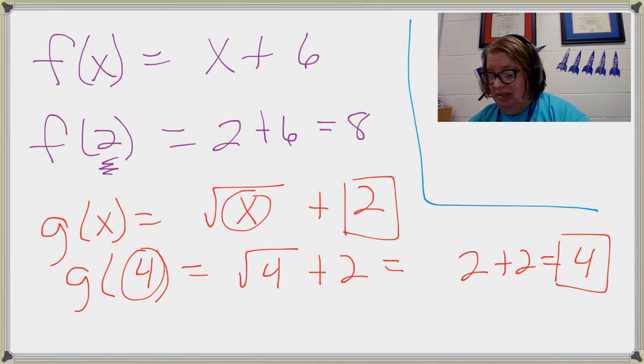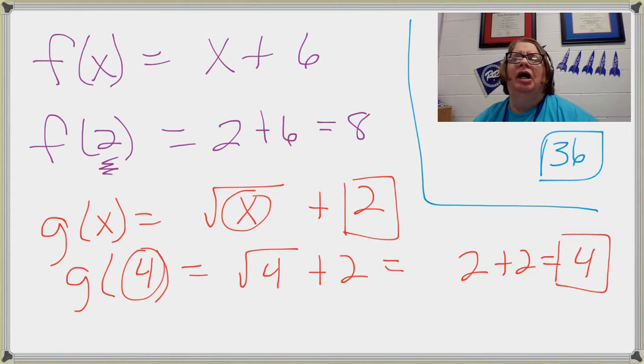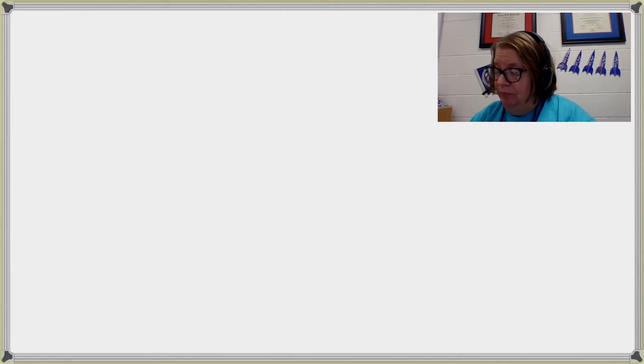You would take that 6 that's in parentheses, put it in place of x, and get 36. The idea is that you take the number that's in parentheses, plug it in place of the x in your function, and then you simplify.